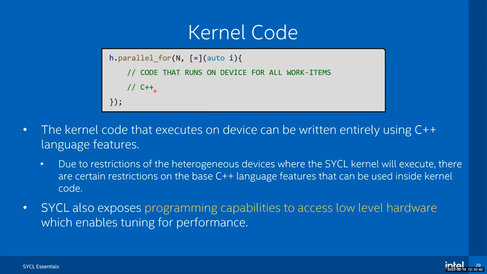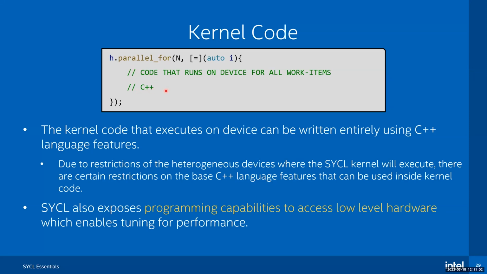You can write your entire algorithm in C++, or there is a bunch of SYCL APIs that expose programming capabilities to access the low-level hardware. That is what the rest of the 80% of SYCL is. That's where you need to learn all that to make your code run faster.